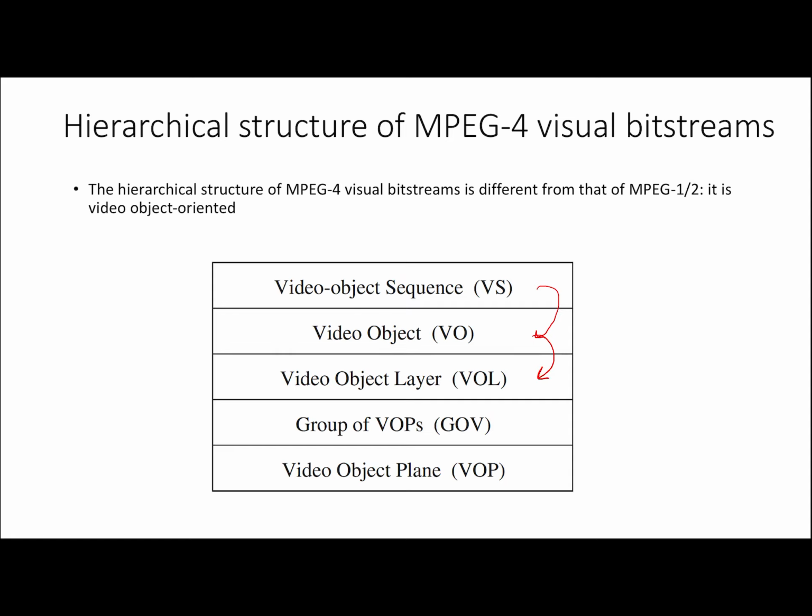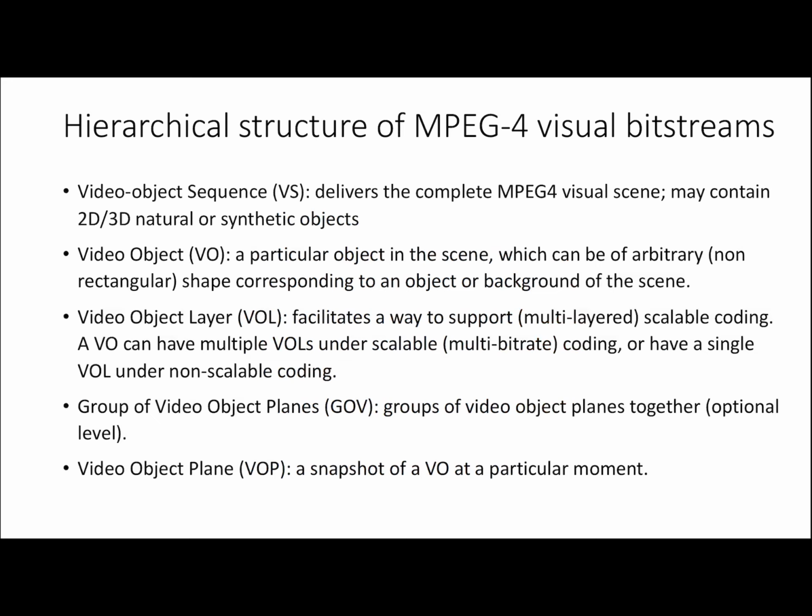So if we talk about the MPEG 4 bit stream, it has the following hierarchy. And since it's an object oriented hierarchy, these are the various components. So these are the 5 levels of hierarchical description of a scene in the MPEG 4 visual bit stream. Each video object sequence will have one or more video objects.